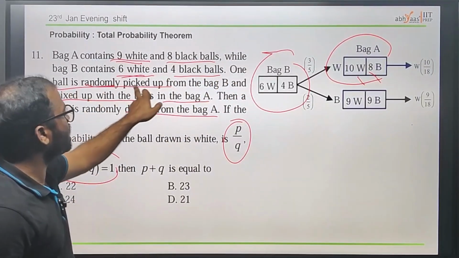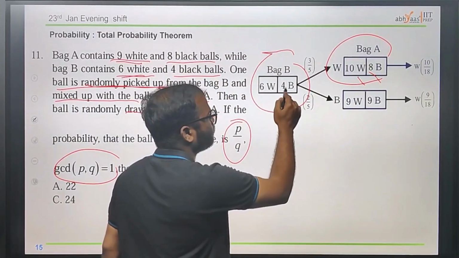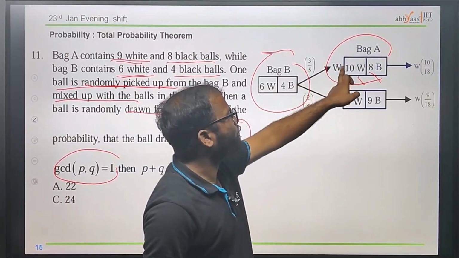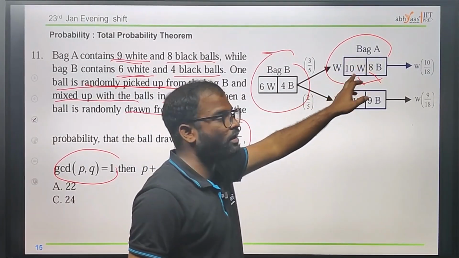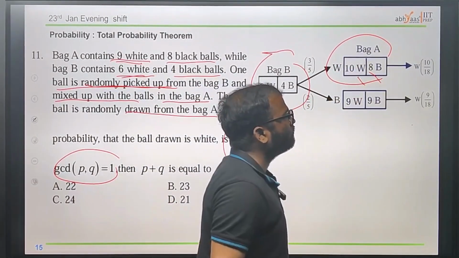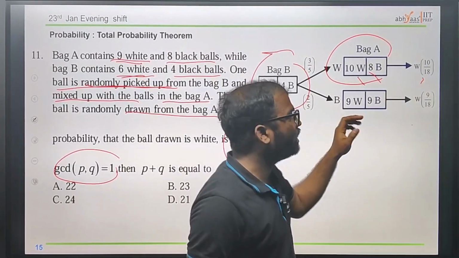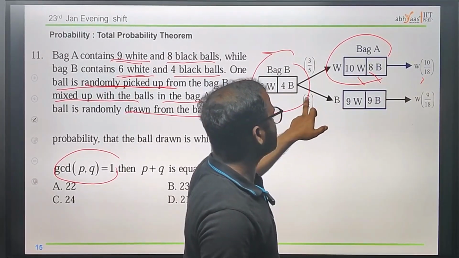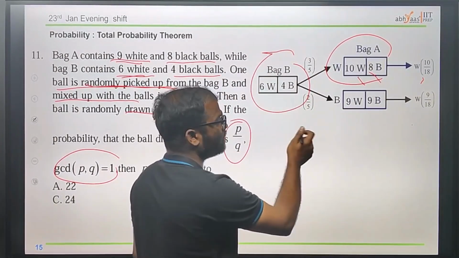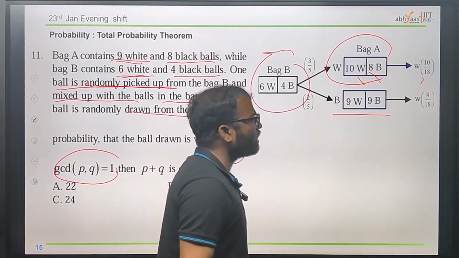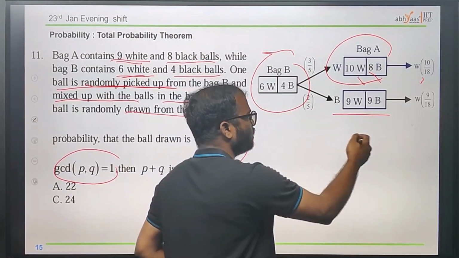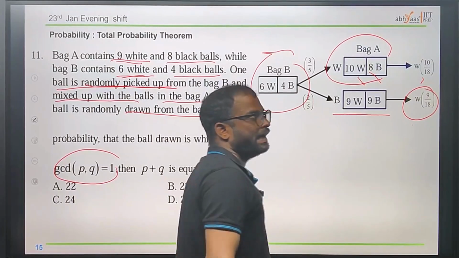One ball is randomly picked from bag B. If it is white, bag A will have 10 white and 8 black balls, so the probability of white is 10 by 18, with probability 3 by 5 for that case. If we have 2 by 5 probability for a black ball from bag B, then bag A has 9 white balls and 9 black balls, with the white probability as 9 by 18.